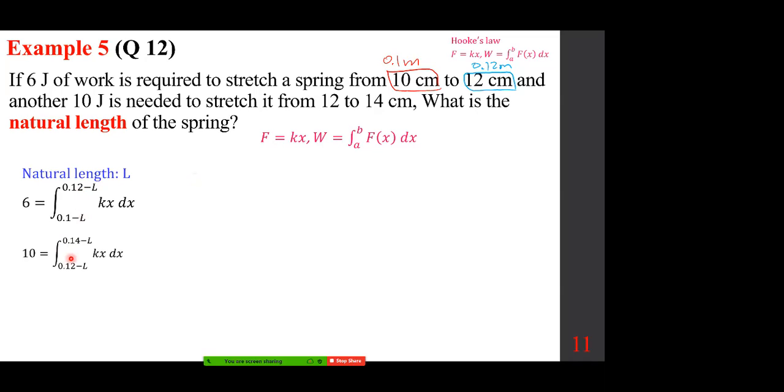What do we mean by these two? Let me give them numbers because I want to make sure you understand what I'm trying to do here. If I call this equation number 1 and this equation number 2, what are we dealing with? We are dealing with a system of equations.